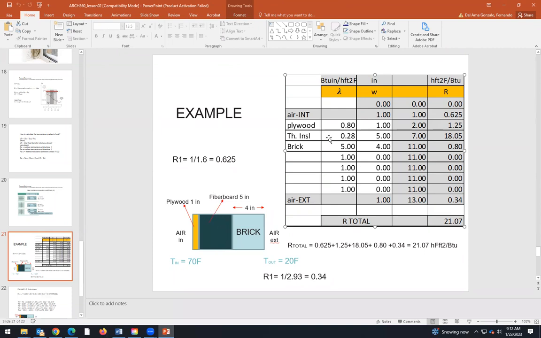It's fiberboard. Thermal insulation, 5 inches. And finally, we have brick, 4 inches of brick. This is indoors. Indoor temperature is 70. And this is outdoors. Outdoor temperature is 20 Fahrenheit.